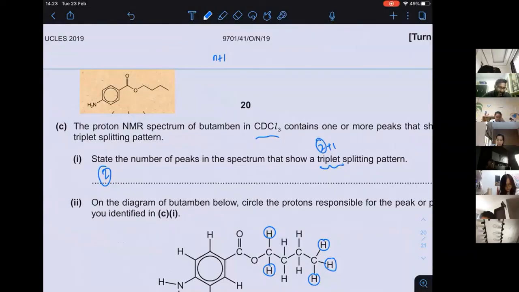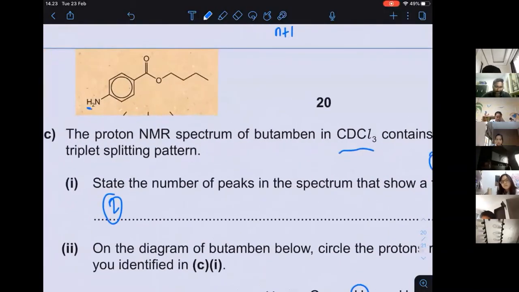Here, if I look at this carbon environment, it is only 1H, so n+1 gives only 2. That will not be the answer. For other hydrogens, I'm looking at the carbon next to it. I'll share the screen again.